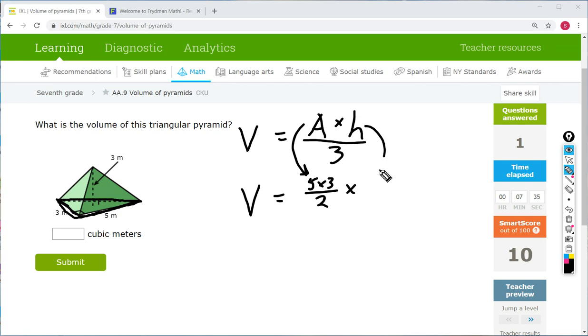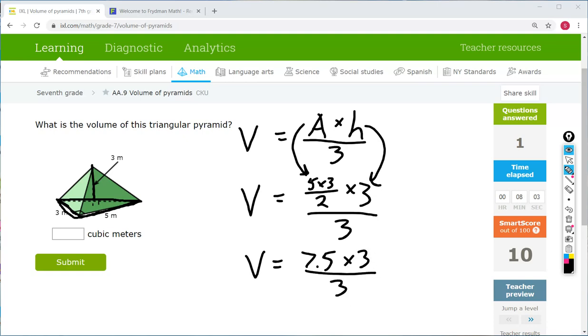Now times the height, which is 3. And all of that should be divided by 3. Okay, so volume equals 5 times 3 divided by 2. Well, 5 times 3 is 15, and 15 divided by 2 is 7.5. So we're going to have 7.5 times 3 divided by 3.